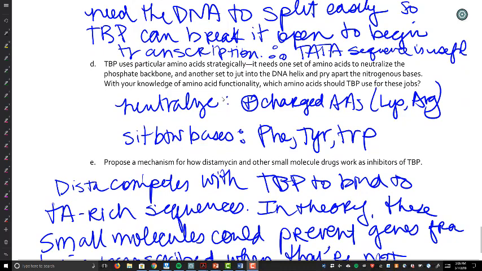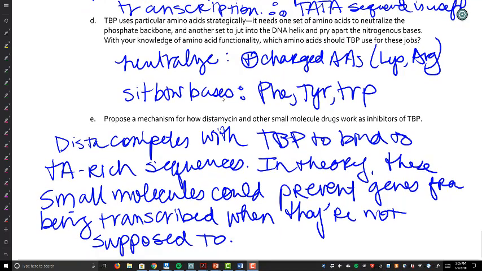And then lastly, we've set this up to say, okay, we talked about small molecules, but the reason why I brought up small molecules here is because small molecules are a promising class of potential drugs. So one of the problems that happens with diseases like cancer is genes get over-transcribed in cancer cells.